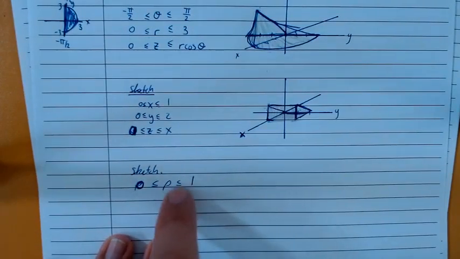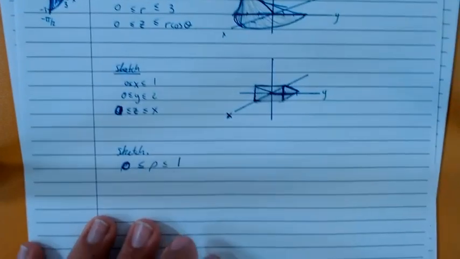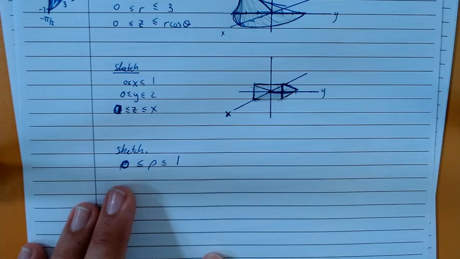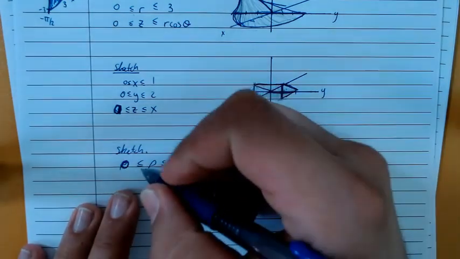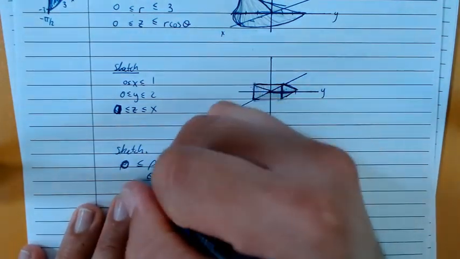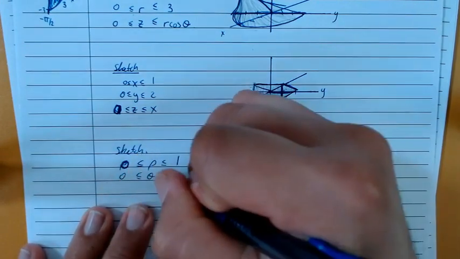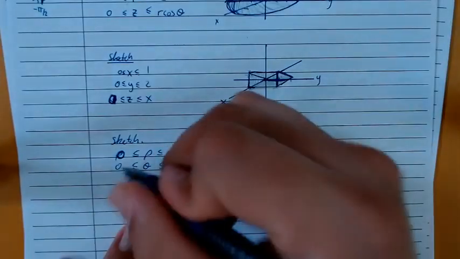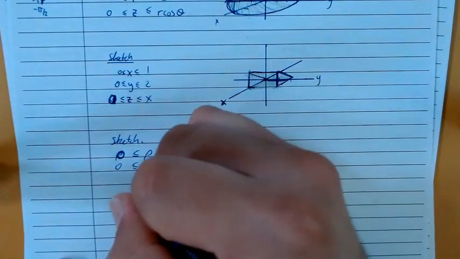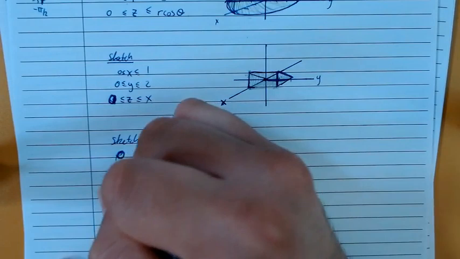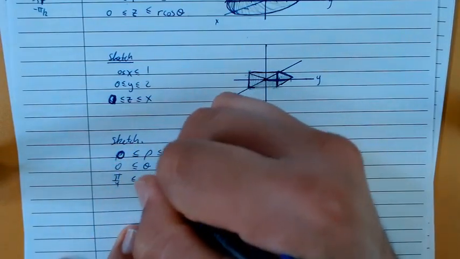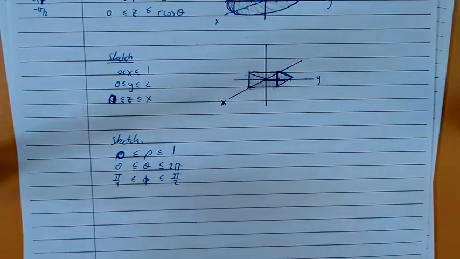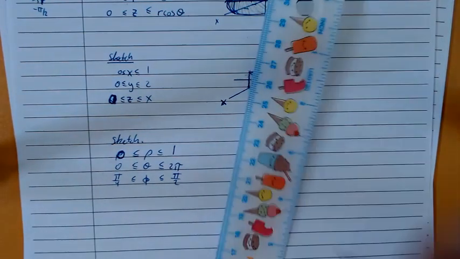So we're going to stay inside of a sphere of radius 1, which incidentally is called the unit sphere. Just like the unit circle, that's the unit sphere. We're going to take our theta to be between 0 and 2 pi. And we're going to take our phi to be between pi over 4 and pi over 2. All right, so let's go ahead and sketch that graph.